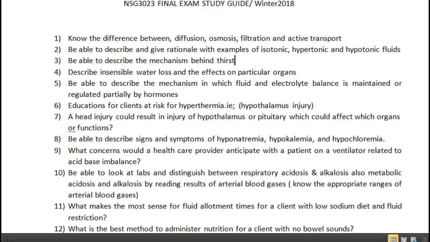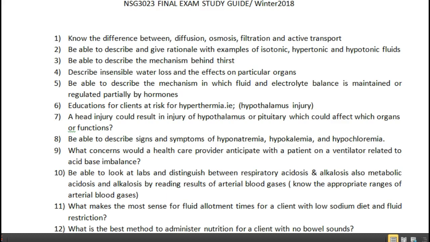A lot of places would like for you to know about hypotonic. Hypotonic would be half normal saline, because that's below 0.9, which is half saline. That would be an example of a hypotonic solution.